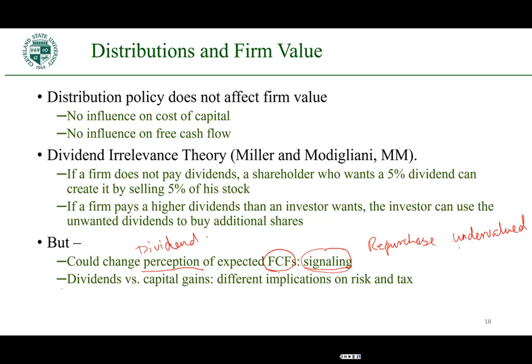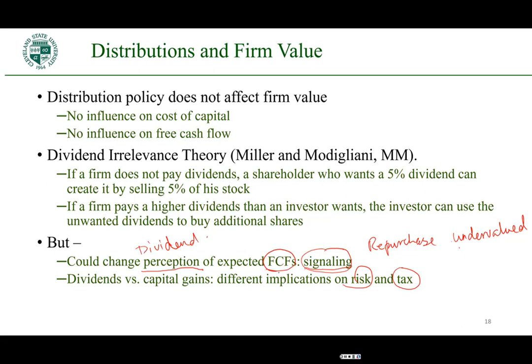The next implications are on risk and tax. First, dividends are taxed as ordinary income, and capital gains usually have favorable tax treatment with a lower tax rate. So that gives investors very different incentives. And also risks.